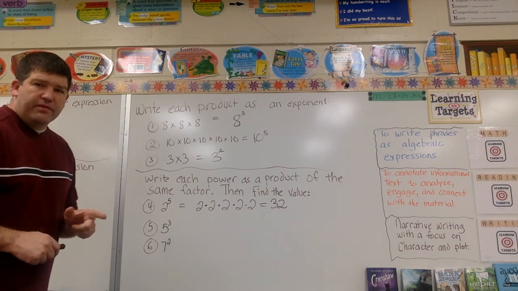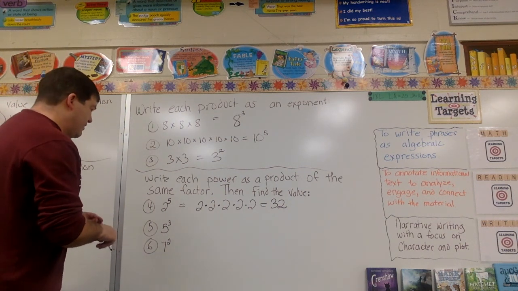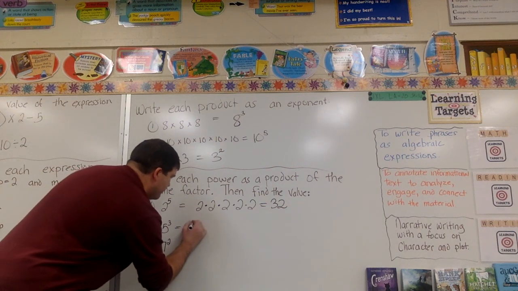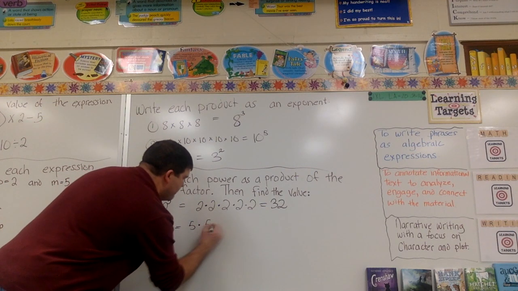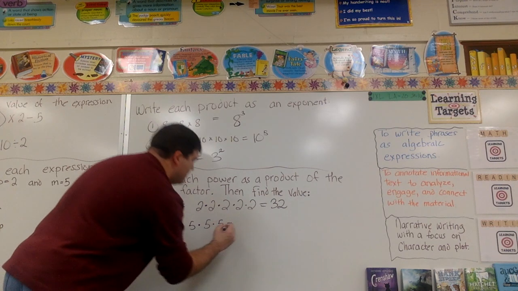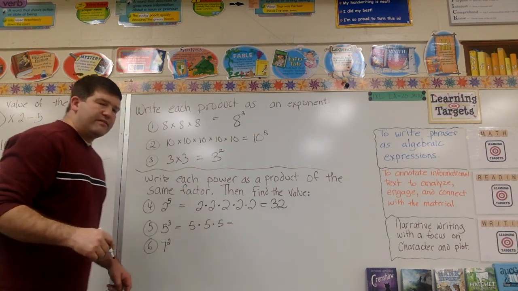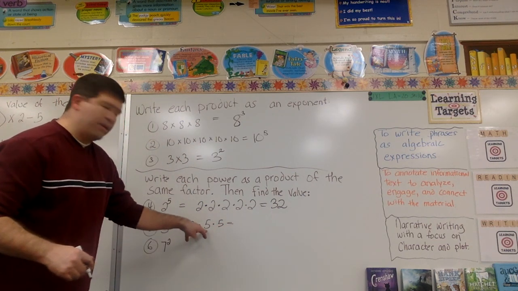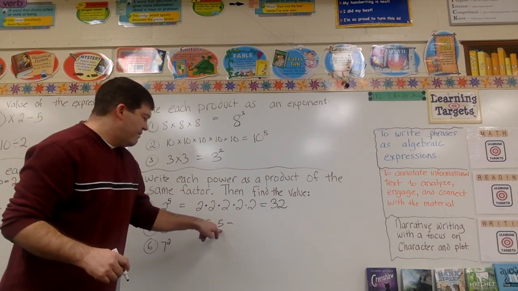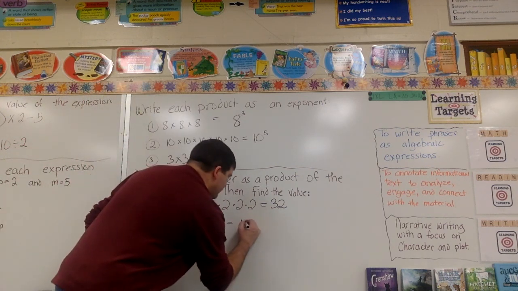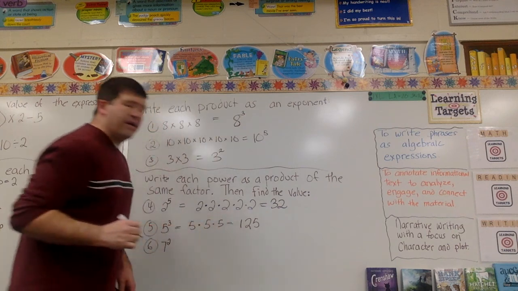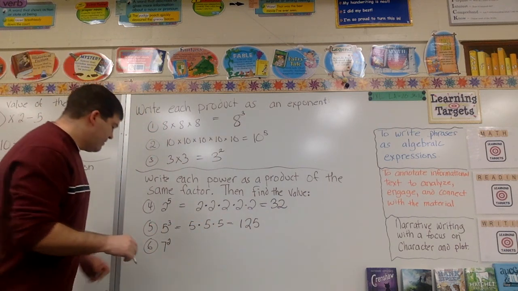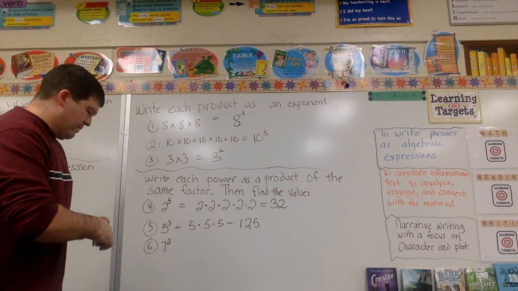All right, hopefully you've done these two. So I'll do them for you. 5 to the 3rd is 5 times 5 times 5. And you can use your calculator on these. I know that 5 times 5 is 25. 25 times another 5 is going to give me 125. Okay. And then I have 7 squared.